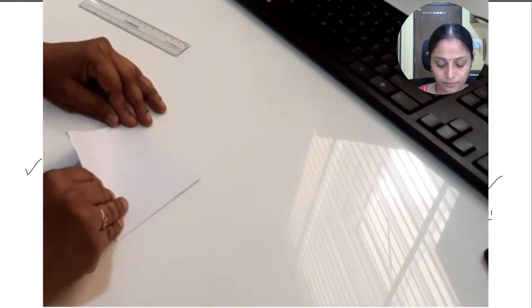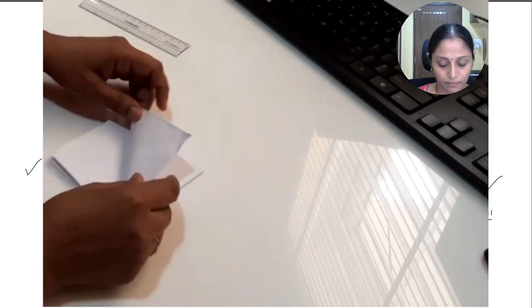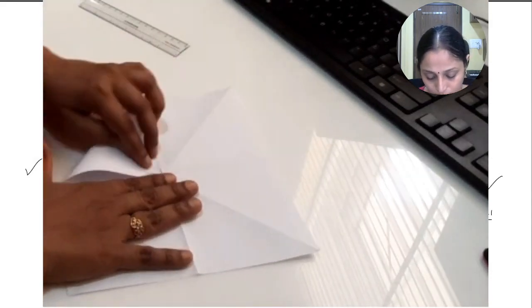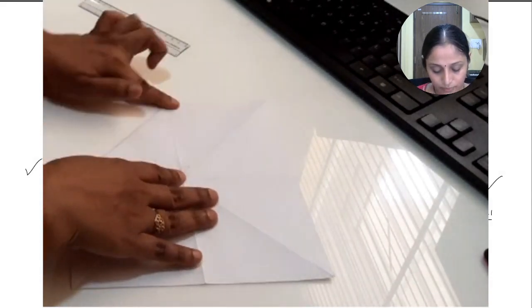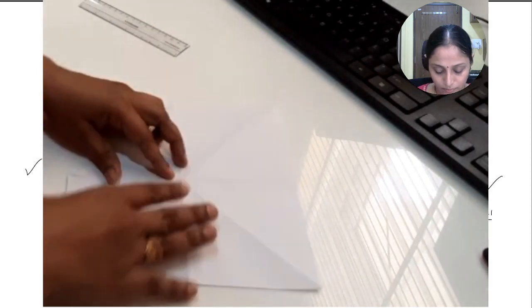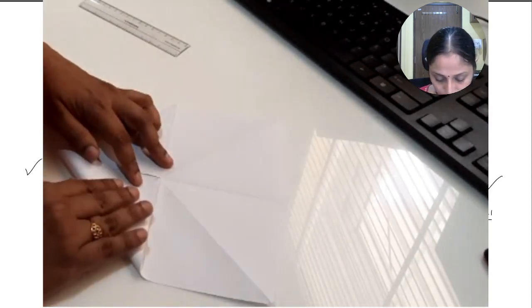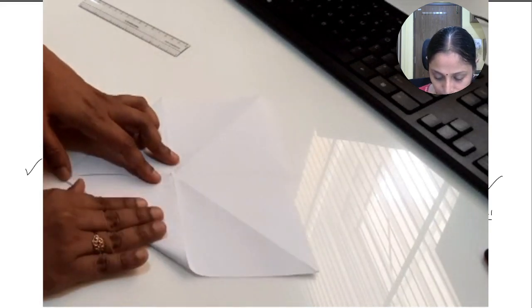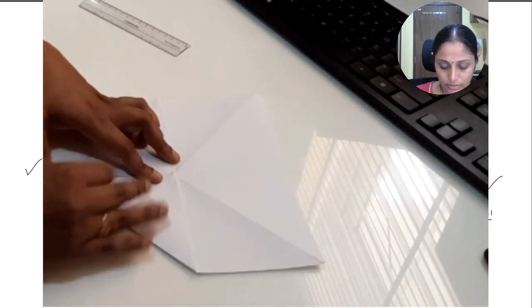Right? And then we are going to make the folds like this.